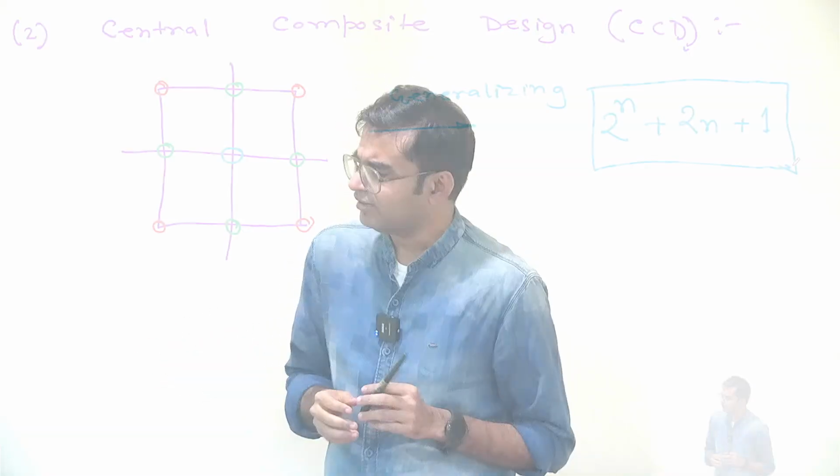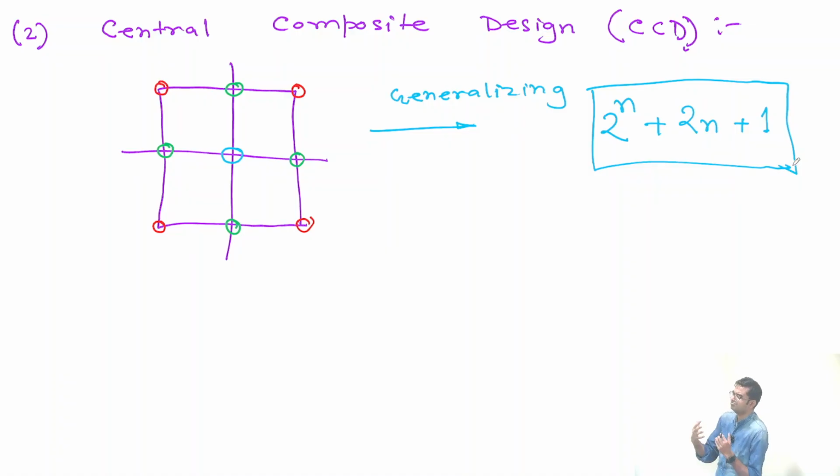Now let us come to the next stage of design of experiments. These are not used nowadays. If someone is using this, they have not read the current literature, okay? So moving ahead, modern schemes for designing experiments.